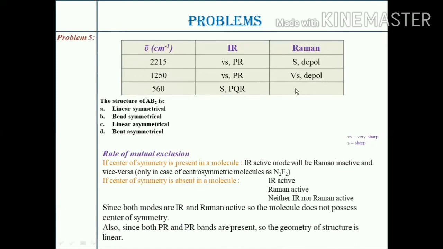But in the Raman, we don't see any information. That means this mode of 560 centimeter inverse is IR active, but it is Raman inactive. Why? Because we don't get any information in the Raman spectrum. So it was inactive in this particular technique.